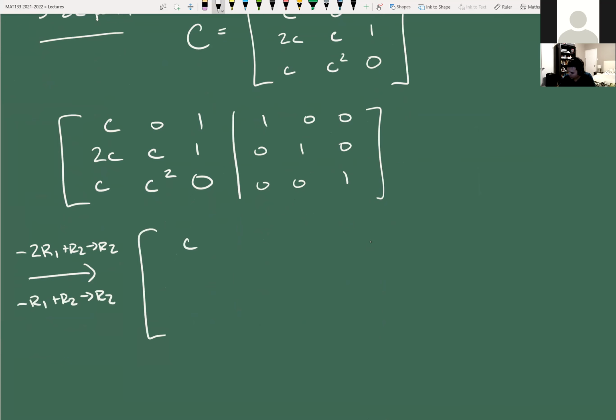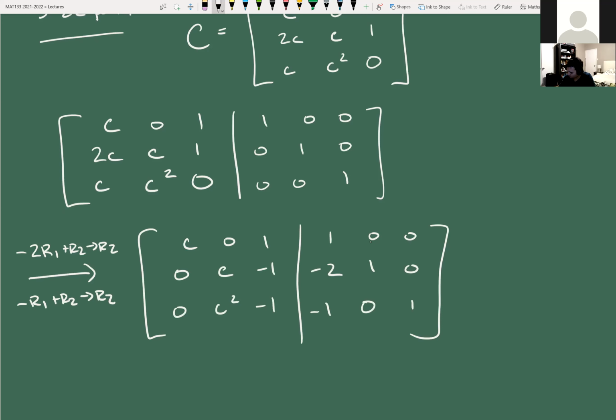So it's going to give me C, 0, 1, 1, 0, 0. Okay, -2 times the first row, so that cancels out. That gives me C minus 1, -2, 1, 0. Negative first row, C squared, -1, -1, 0, 1. Okay, did I do that right? I think so.